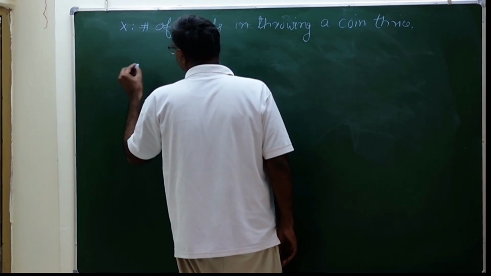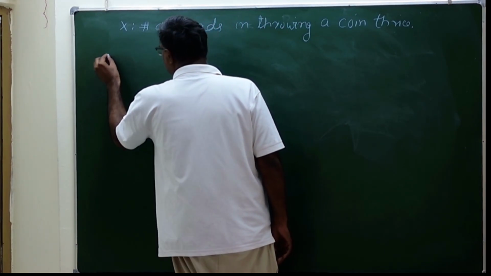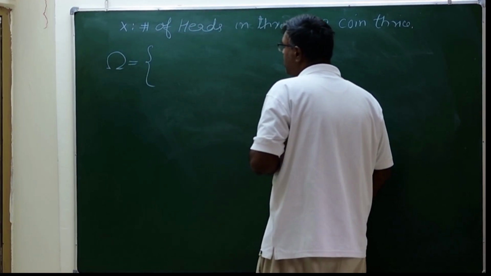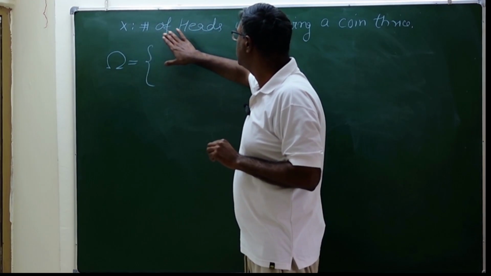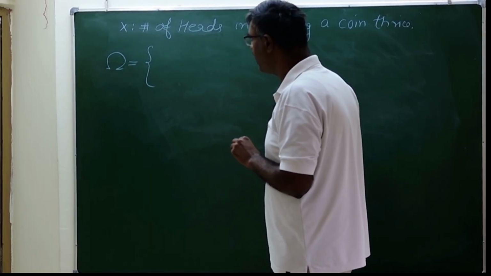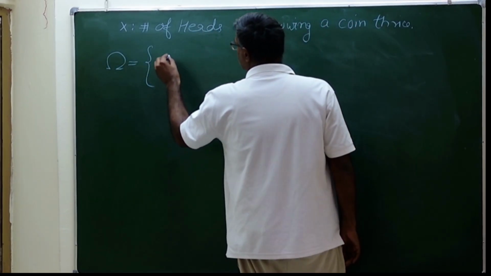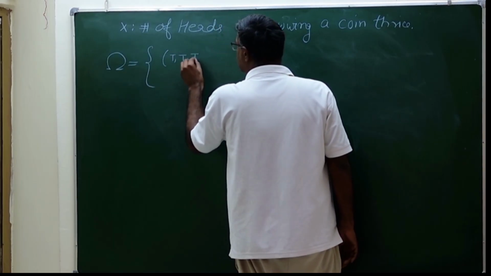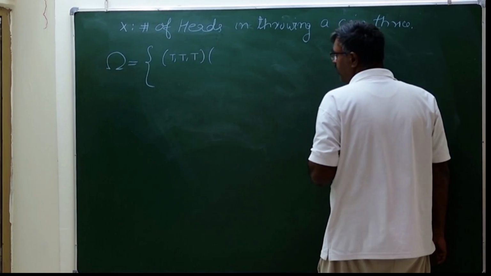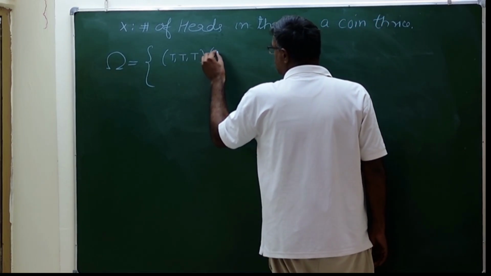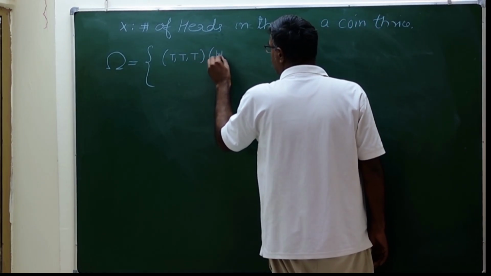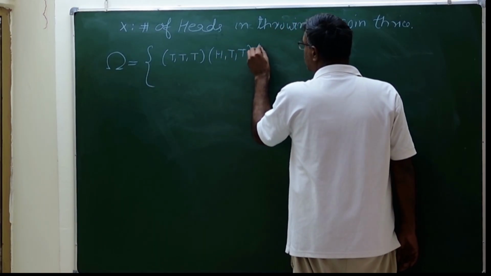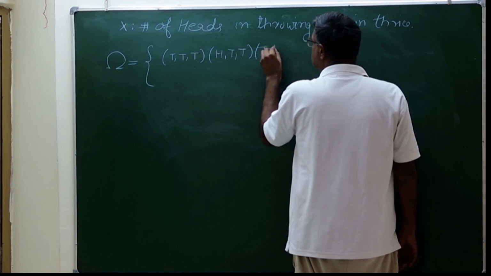So let's write the whole sample space for this case. Since I am defining X as the number of heads, to start with I will have the least value of 0, so I presume no heads appear. Now I take X equal to 1, so one head appears. I will rotate this over all possible places.